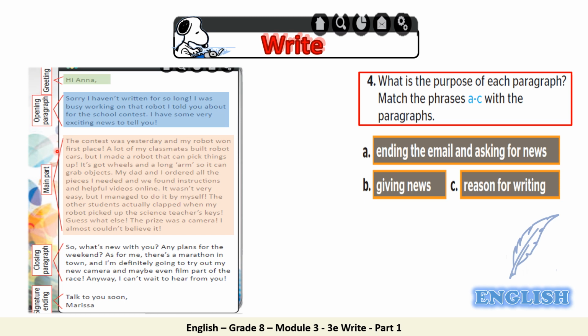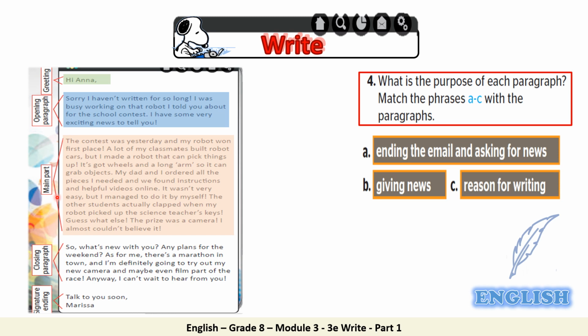A lot of my classmates built robot cars, but I made a robot that can pick things up. It's got wheels and a long arm, so it can grab objects. My dad and I ordered all the pieces I needed, and we found instructions and helpful videos online. It wasn't very easy, but I managed to do it by myself.